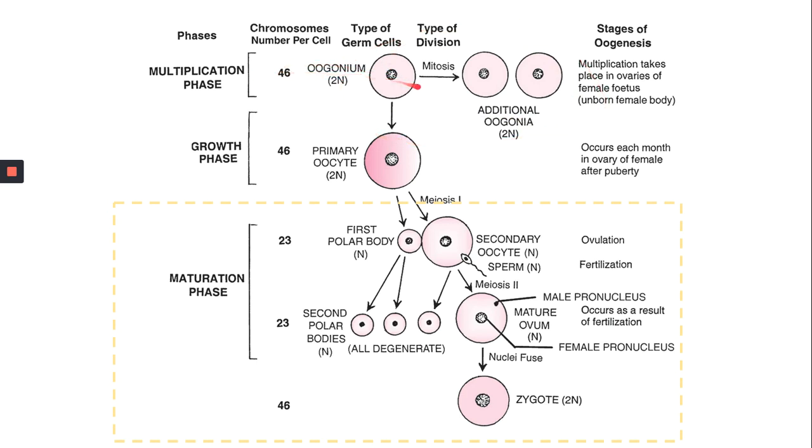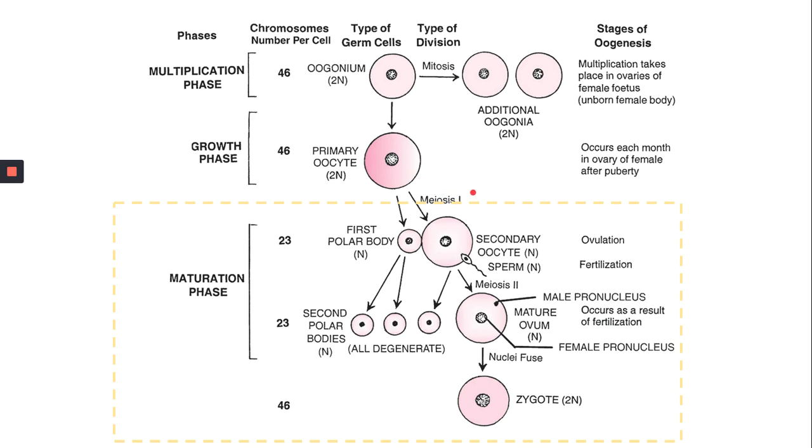So in the fetal condition, the baby is producing lots and lots of oogonium, and the oogonium are further undergoing mitosis and forming primary oocytes. Out of all the primary oocytes, one will start growing and will stop at meiosis 1, that is prophase 1.